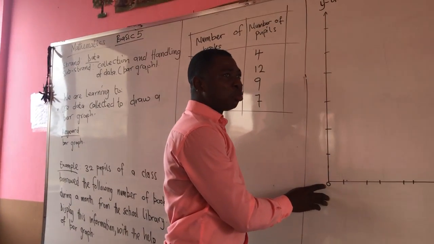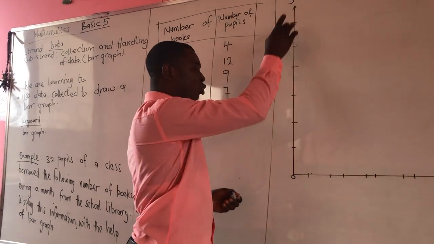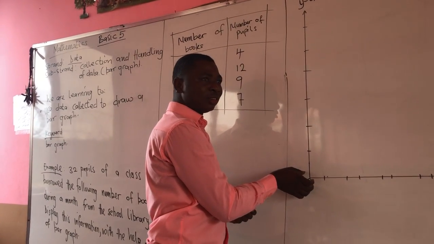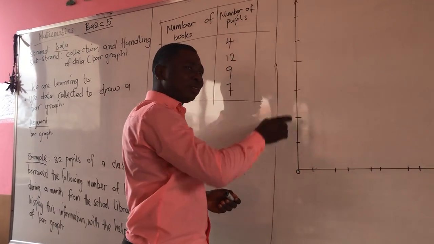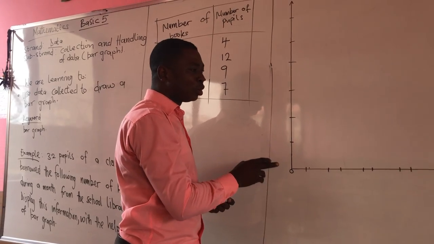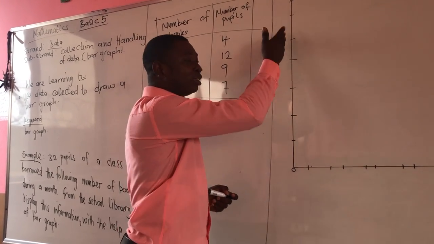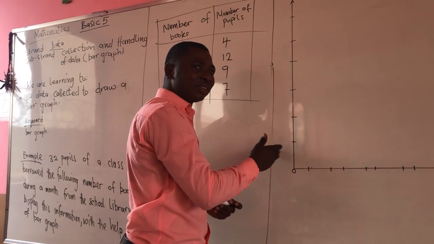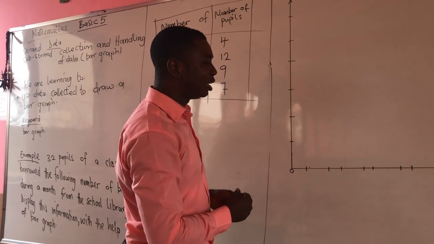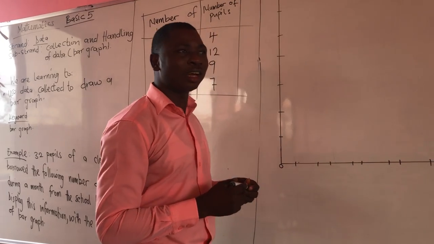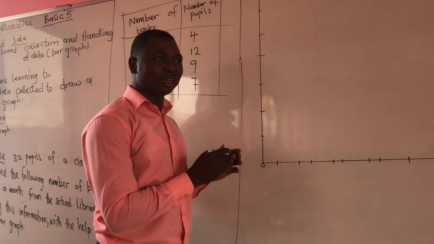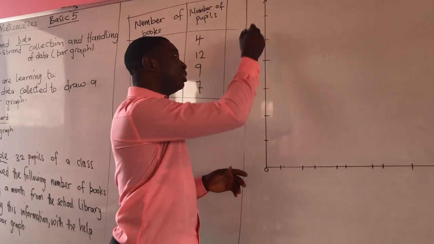You draw it to meet at a point. So you draw the y-axis to stand, and you draw the x-axis to lie down. The vertical line is the y-axis, and the horizontal line is the x-axis.